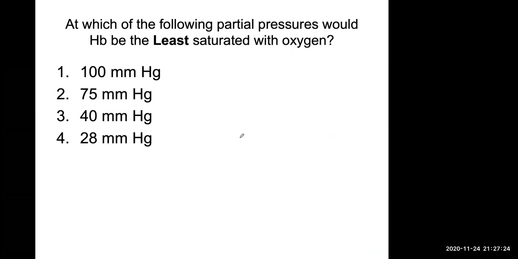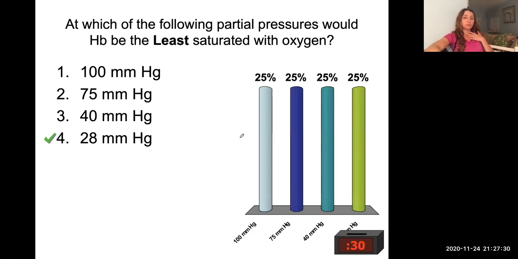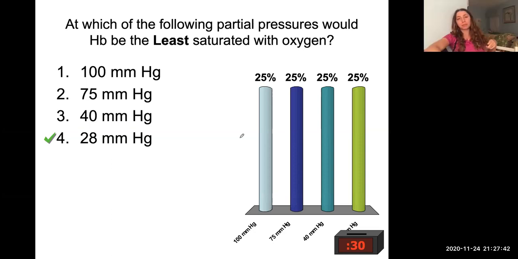Which of the following partial pressures would be least saturated with oxygen? Oh gosh, well it's 28. I'm sorry, I clicked the button too fast. Yeah, because that partial pressure would be the lowest, where the hemoglobin would drop the most amount of oxygen off.